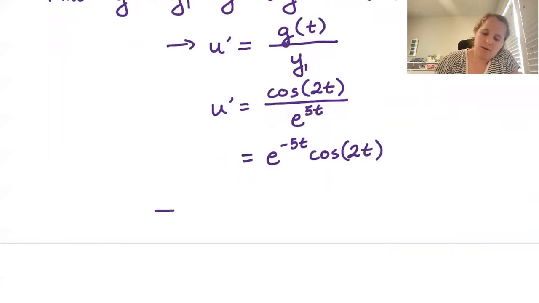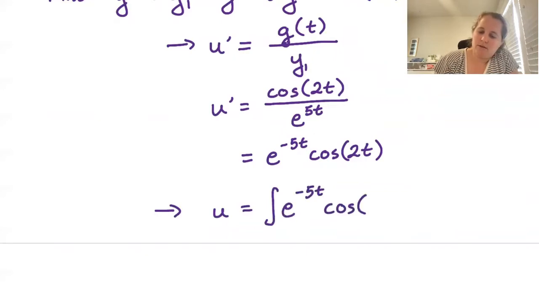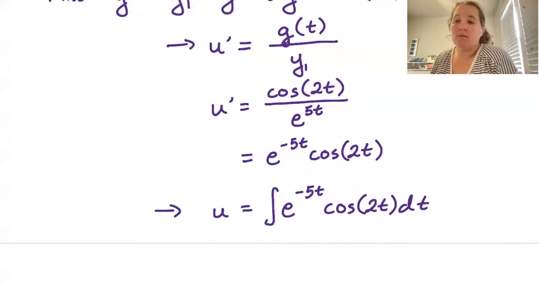So from here, again, we have u is equal to the integral of e to the negative 5t cosine of 2t dt. We're going to have to do a little bit of our integration by parts here. Neither cosine nor e to the will go to 0, so this is a case where we're going to look for another copy of e to the negative 5t cosine 2t to pop up in an integral.